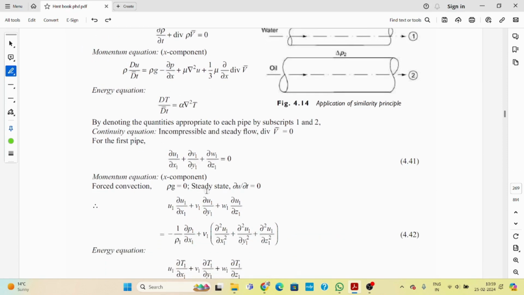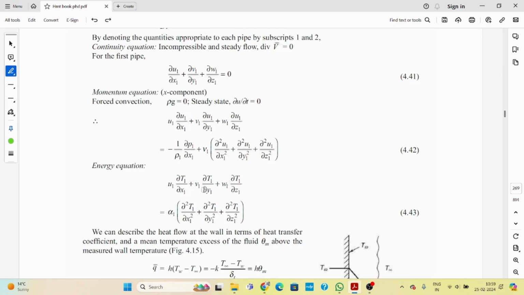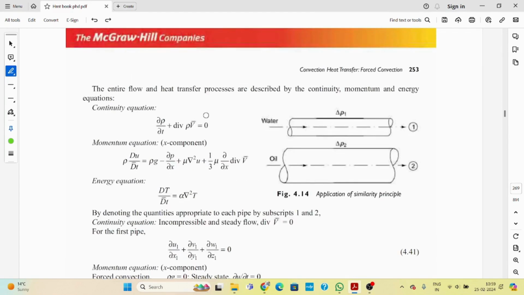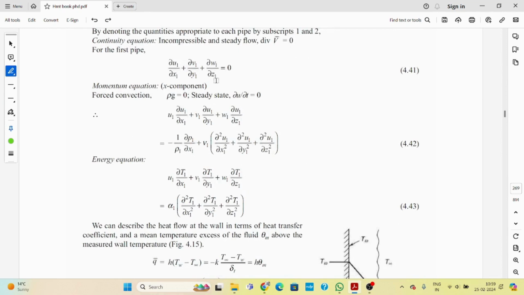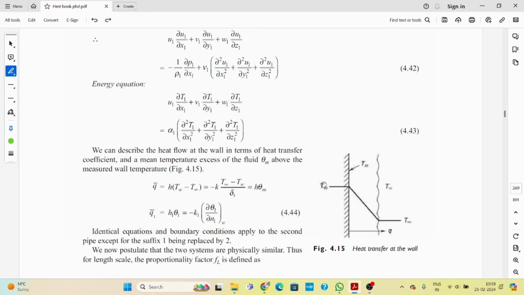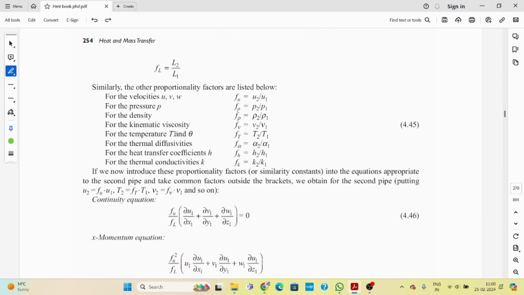Like this, the momentum equation has also been changed to this form, and the energy equation has also changed to this form. These equations have been derived from this basic equation. So you have to keep in mind that this is the main equation, and these three equations have been derived from it. Okay, we already studied this: Q equals h A (T_w minus T infinity).